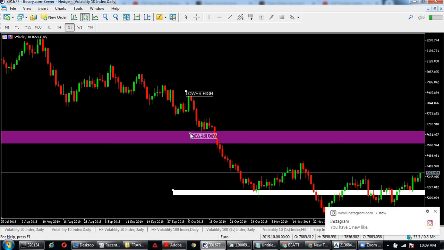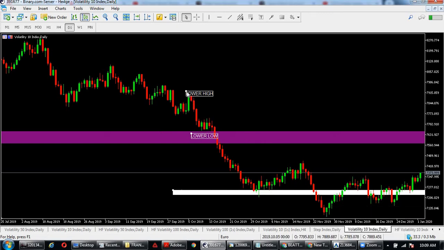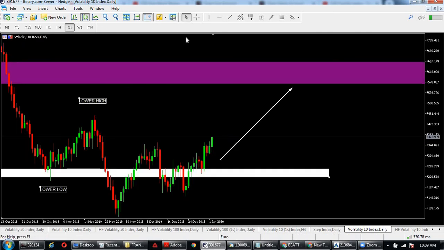respecting the downtrend characteristics. Then there is a lower low, and then there is a lower high. There is a lower high at this point, and then price came and made a new lower low.